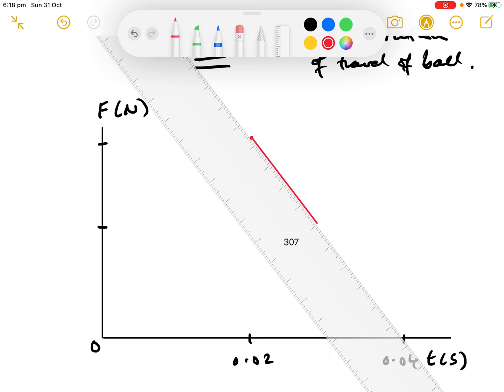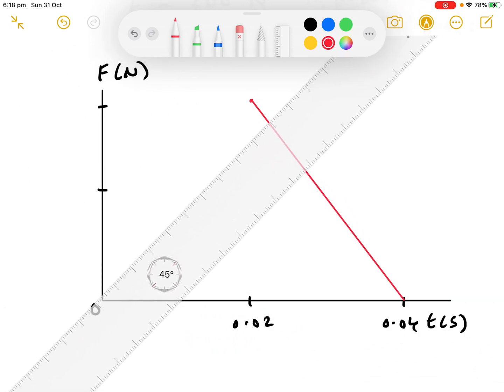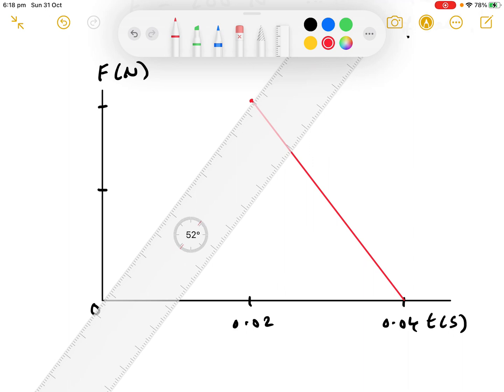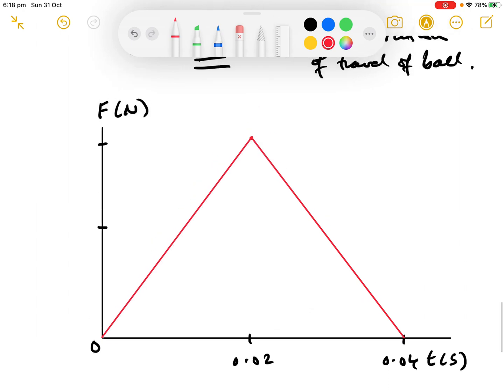So here's how it would go. This is how we're assuming the force varies during the interaction. Starts off at 0 and builds up to some maximum. But the build-up and the decrease are assumed to be nice and uniform and linear.